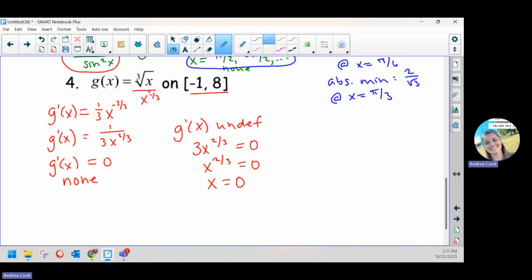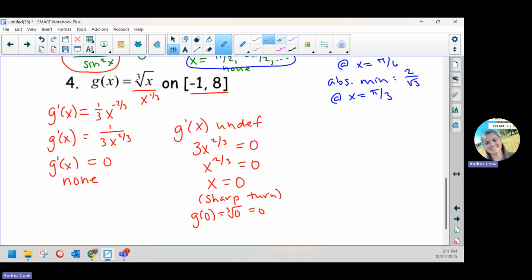So since the original function is continuous, what's happening at 0 would be a sharp turn, because we can plug in 0 into the original function, because g of 0 is just the cube root of 0, which is 0. So there is a point, and what's happening there is a sharp turn. That's just a side note.